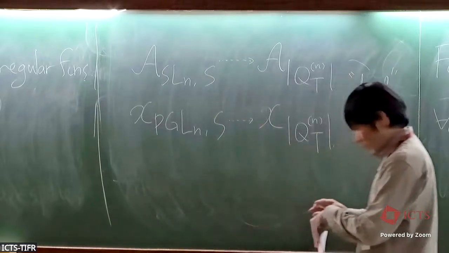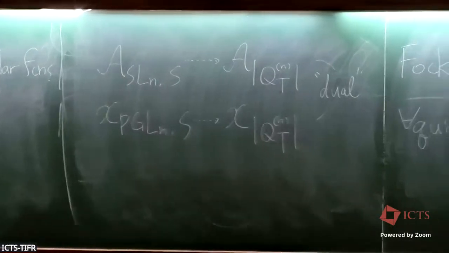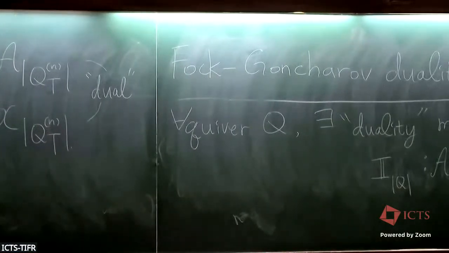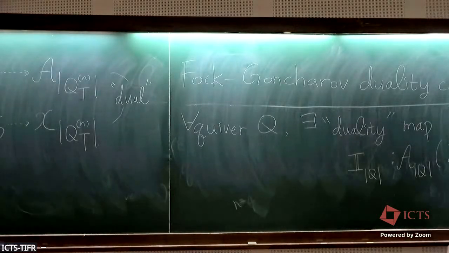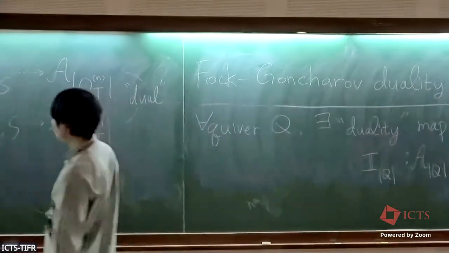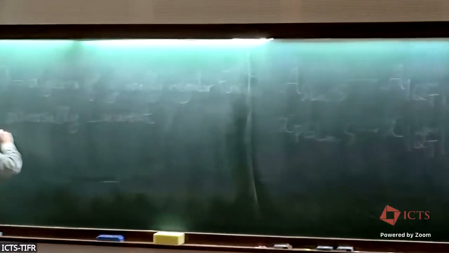And since I don't have much time, I'll say a couple of remarks and then give you some known results and some open problems. So I said this is one version of what is called the Fock-Goncharov duality conjecture. There's another version where you exchange the role of A and X, which is more popular for people who study cluster algebras.